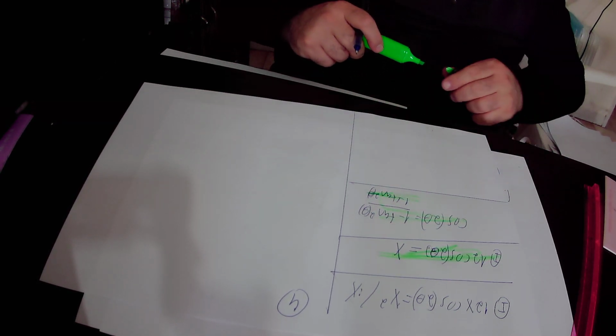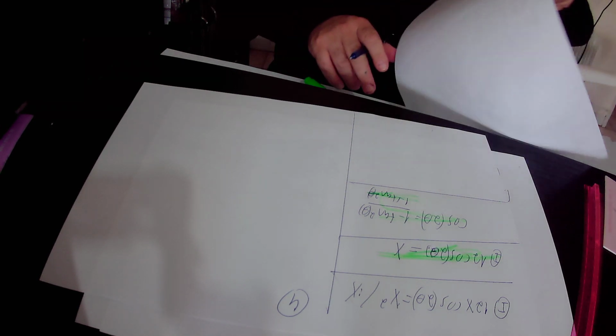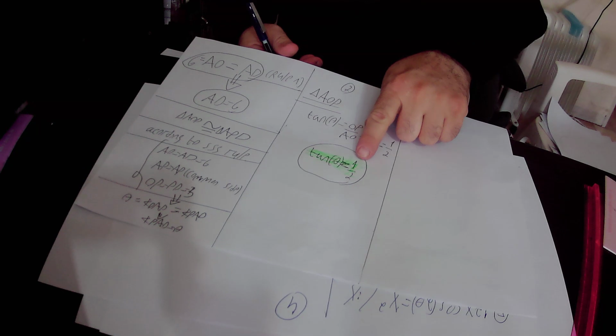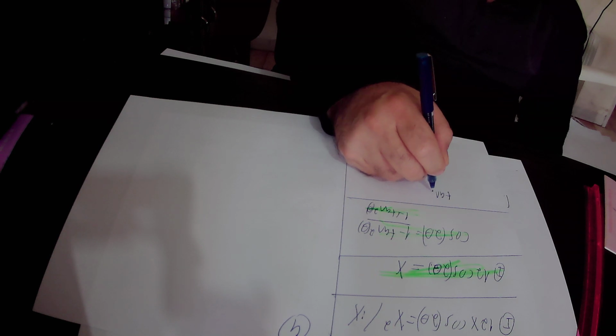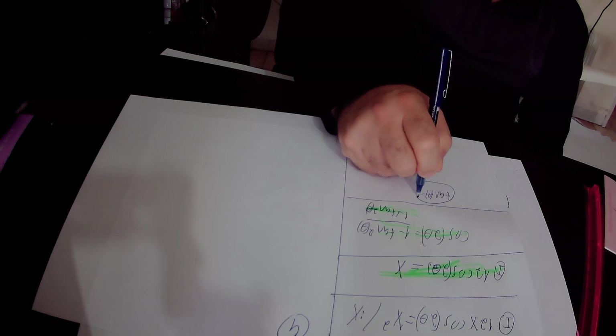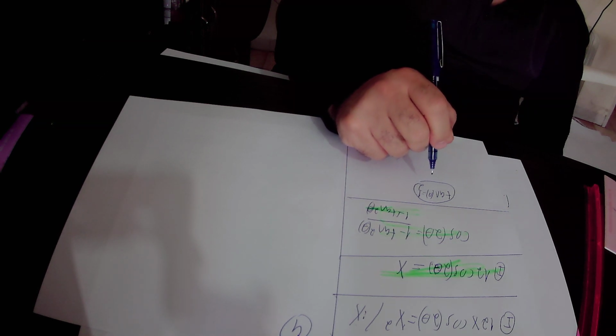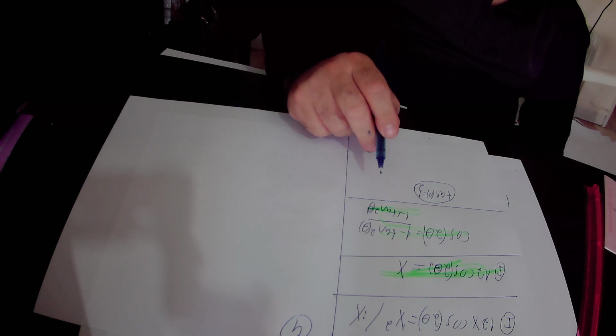But we have already found out that tangent theta equals 1/2. Here tangent theta equals 1/2. Now we can substitute tangent theta in this trigonometric identity by 1/2.